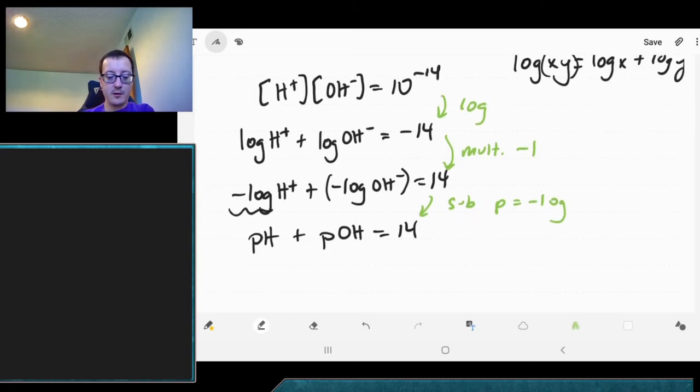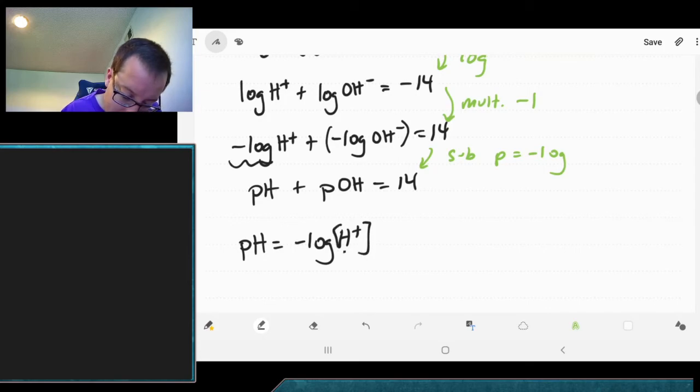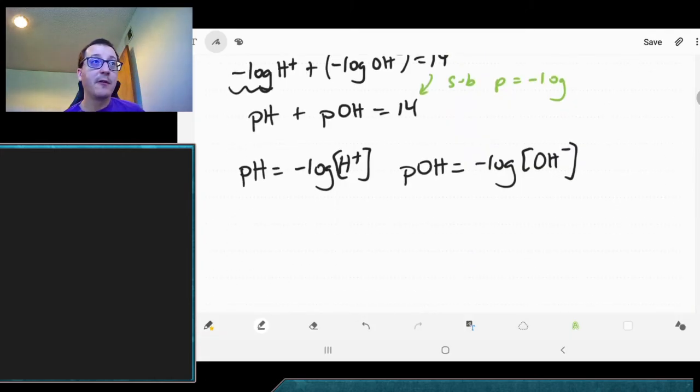So, we've so far got quite a few equations here that we can work with. We see that pH equals negative log of H plus. If we wanted to do the opposite of these, if we were given a pH and asked to find an acid concentration, we would just do the opposite.